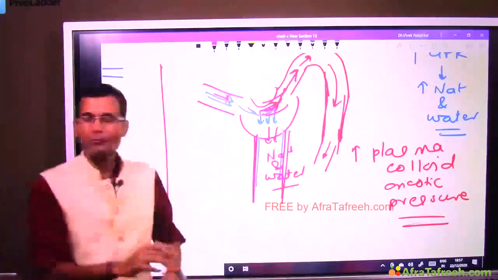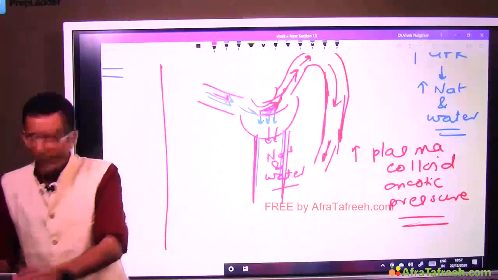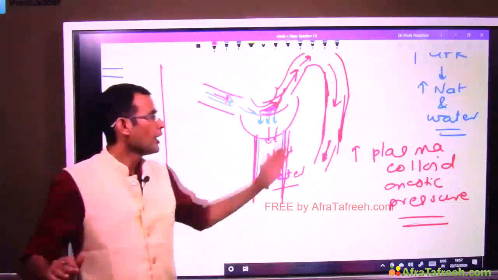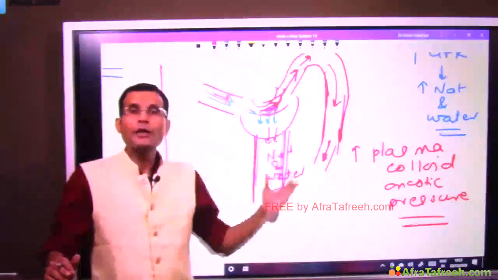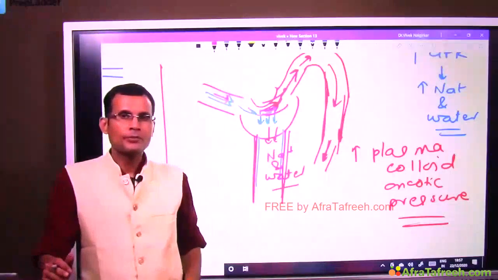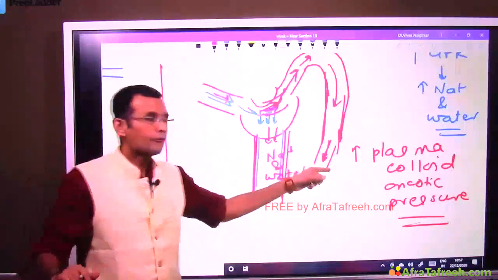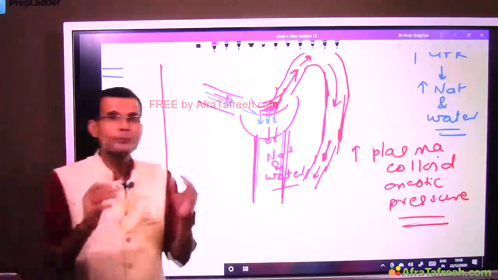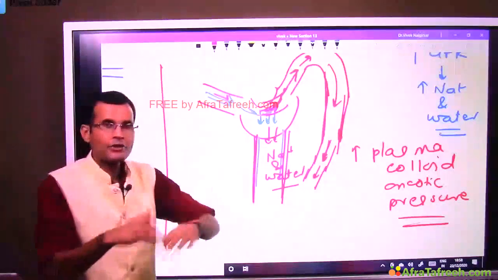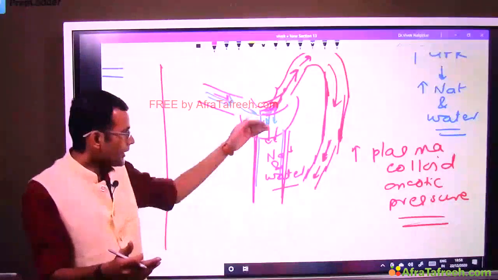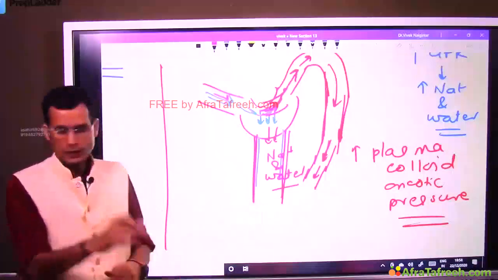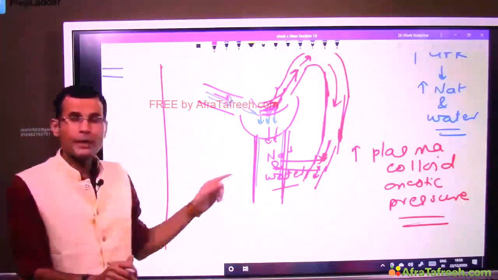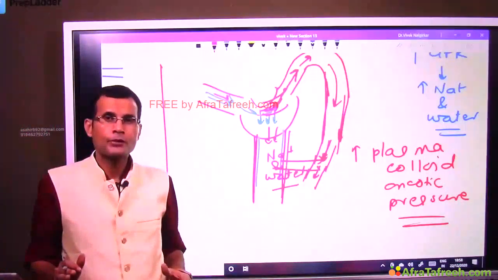So we have a situation where the peritubular capillaries have high protein concentration and therefore higher plasma colloid oncotic pressure. And as I mentioned, here is a force that pulls the water towards it by osmosis. So that excess water that has got filtered out will be taken back into the peritubular capillaries.